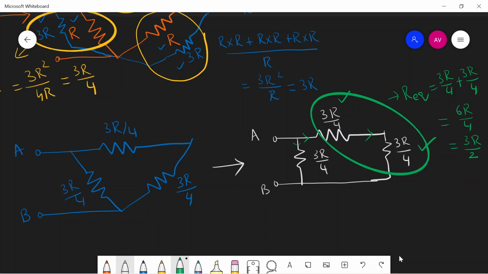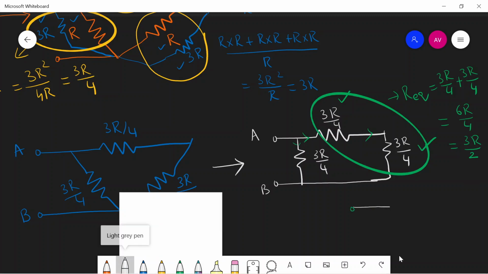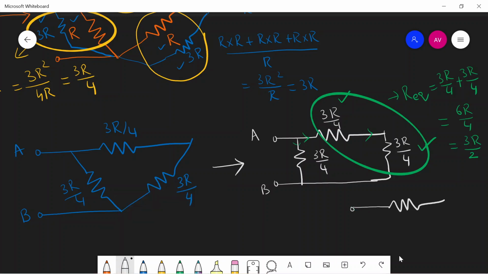I would like to redraw the figure now. Terminals A, B, this is 3R by 4 and new value as 3R by 2.